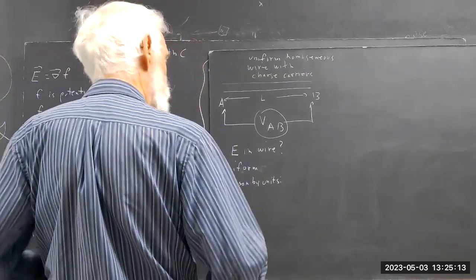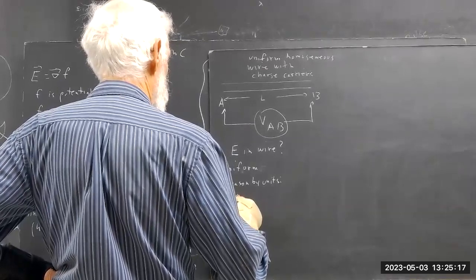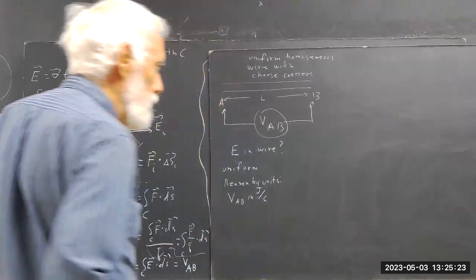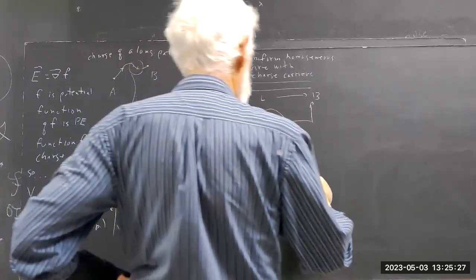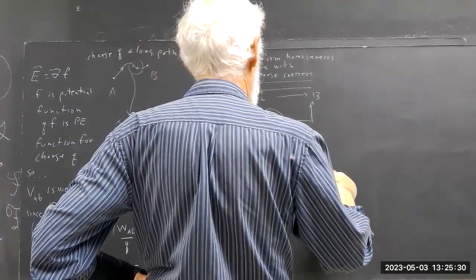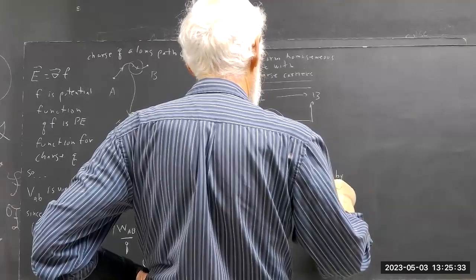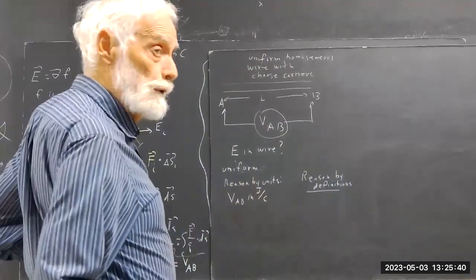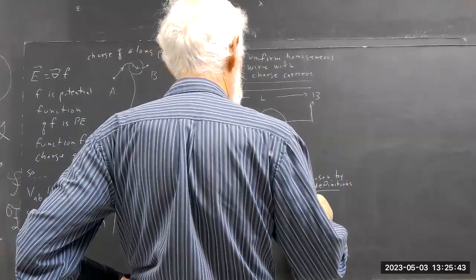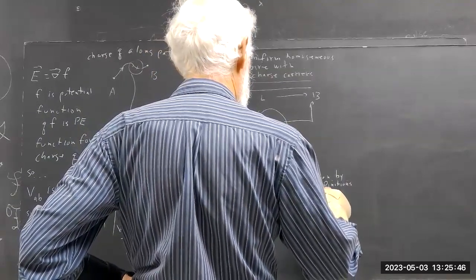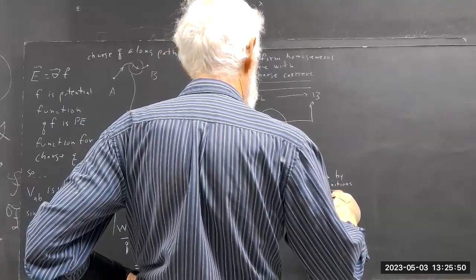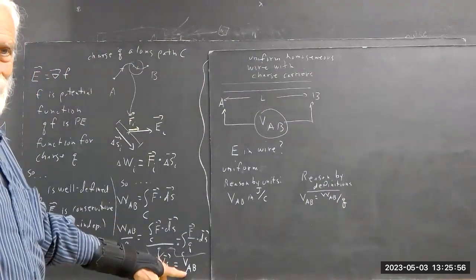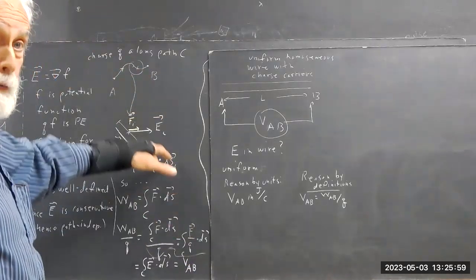The units of voltage V_AB are joules per coulomb. By definition, if you know that voltage is in joules per coulomb, then it doesn't take much to reason it out.